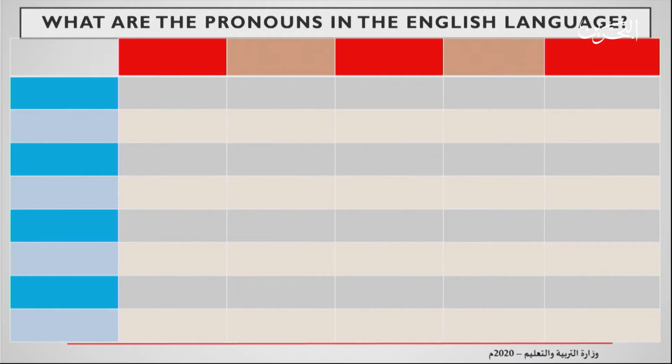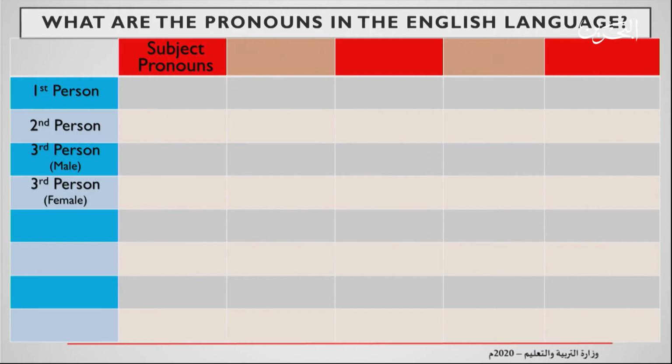All right, so what are the pronouns in the English language? I have introduced the subject pronouns, but we have about 5 categories. So the first one is subject pronouns. In order for us to understand it, we have to go over the persons. So we have the first person. Then we have the second person. Then we have third person male.